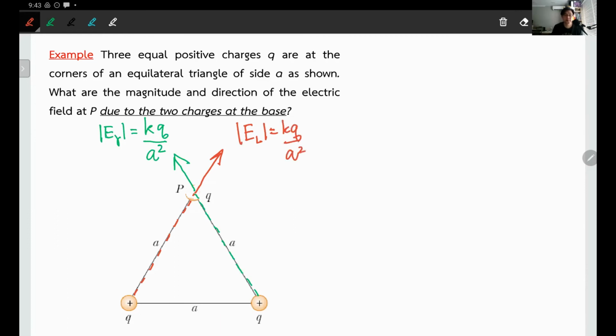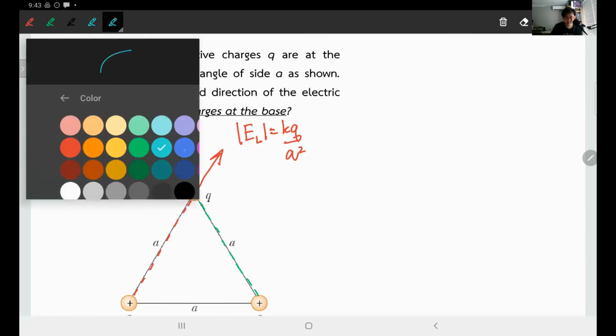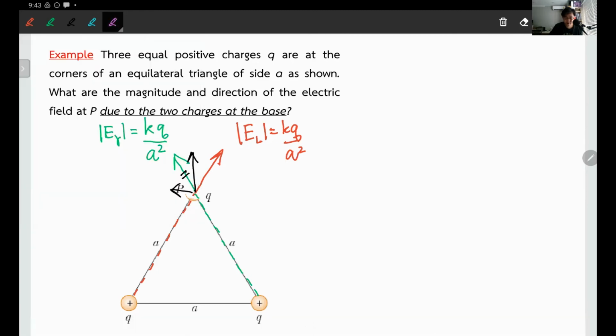Okay, very good. So now you want to find the net electric field at point P. Once again, you split this into two components, vertical and horizontal. Do the same thing for the right.